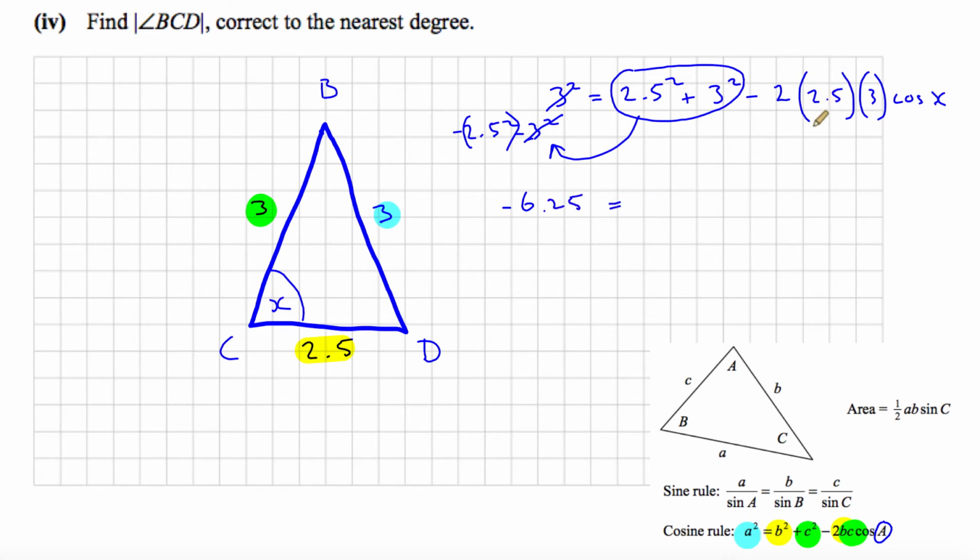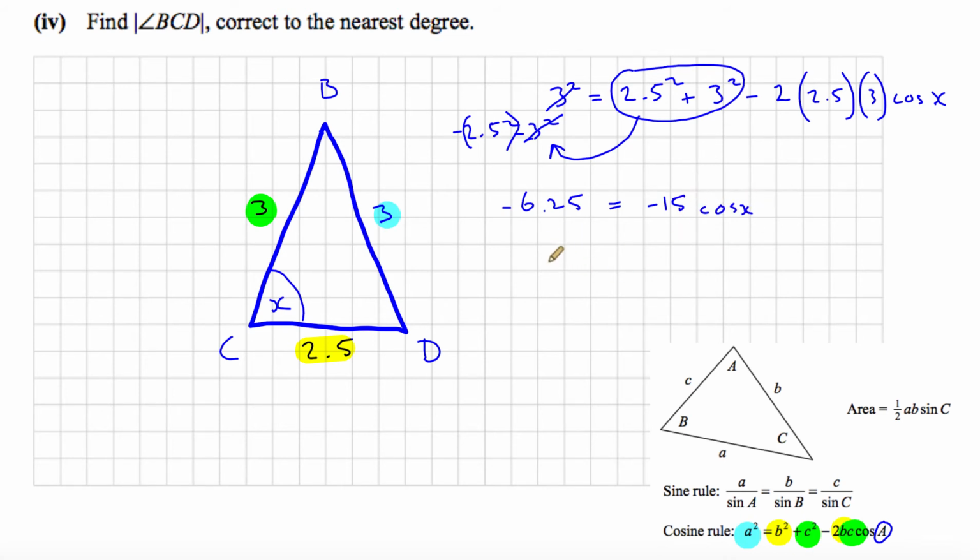That's equal to minus 2 times 2.5 times 3, which gives me minus 15 by the cos of X.